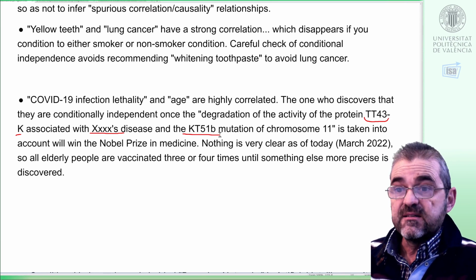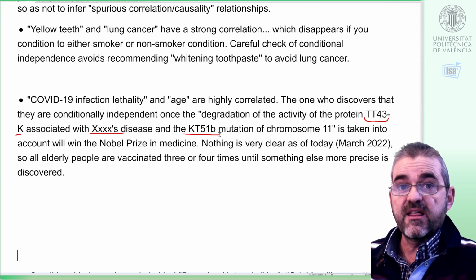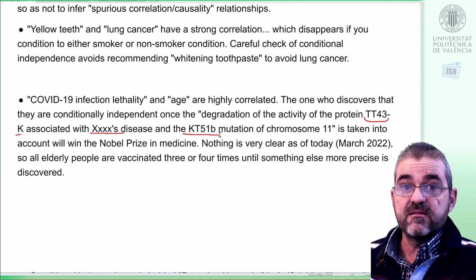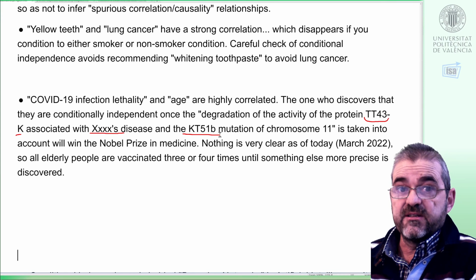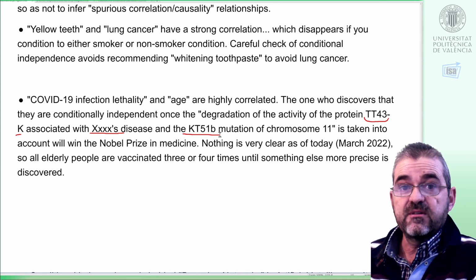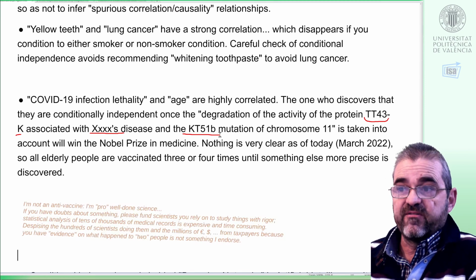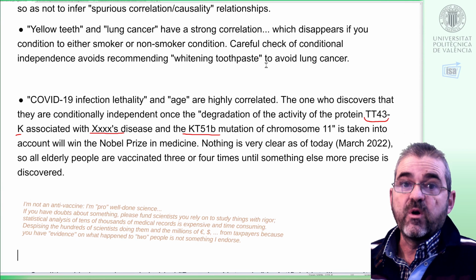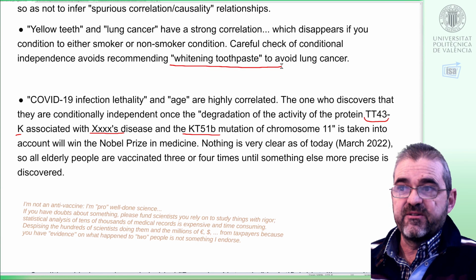Once we discover this, then age and COVID-19 lethality are conditionally independent, and maybe he wins the Nobel Prize in medicine. As nothing is clear today about this explanatory intermediate variable, we just recommend people of old age to get 3, 4, 5 booster doses of vaccine. But clinical trials show it effective, so it's sort of better than brushing your teeth to avoid cancer.